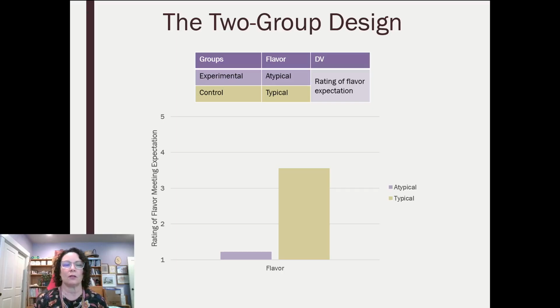Whereas the typical group on average is around 3.5 out of 5, maybe a little bit more than that. It's important that I'm emphasizing these numbers because what we're doing in a two-group design is comparing the mean rating score. We're not going to look at any one person's individual rating.